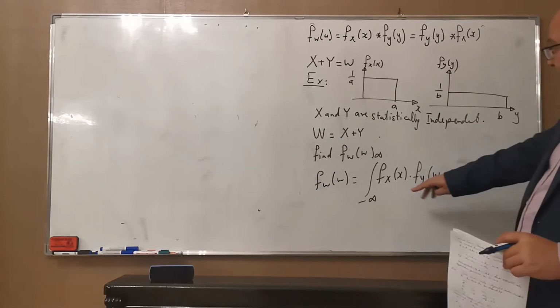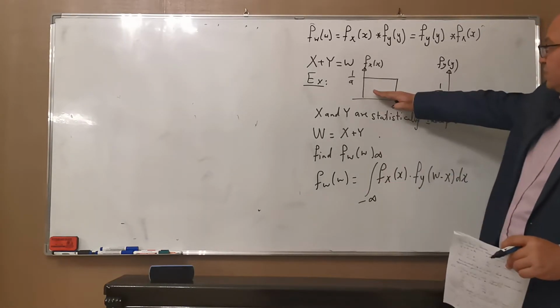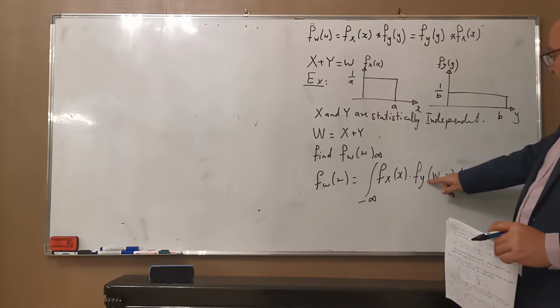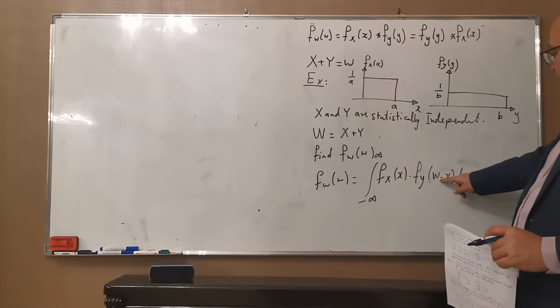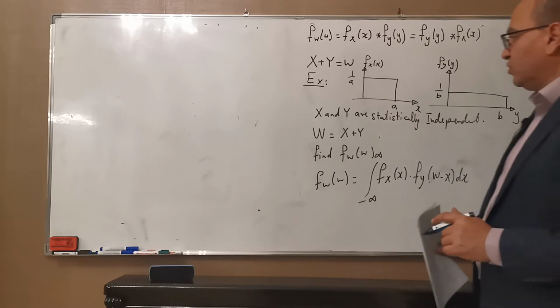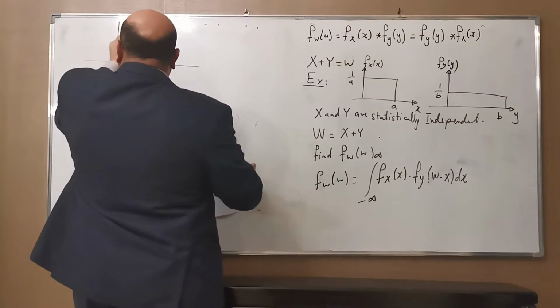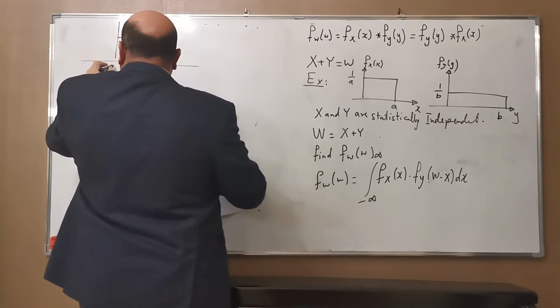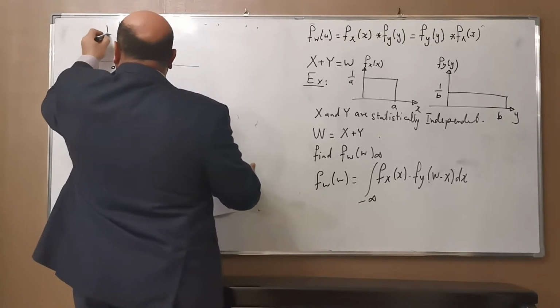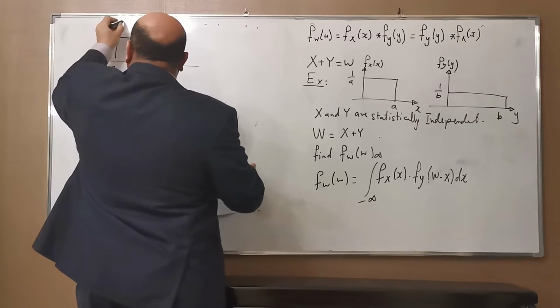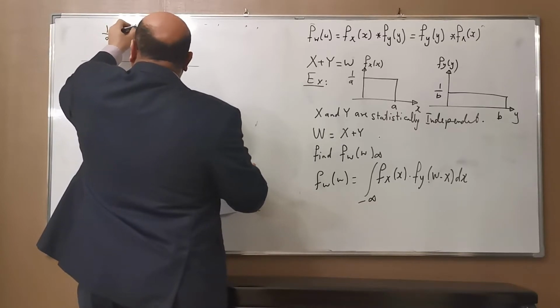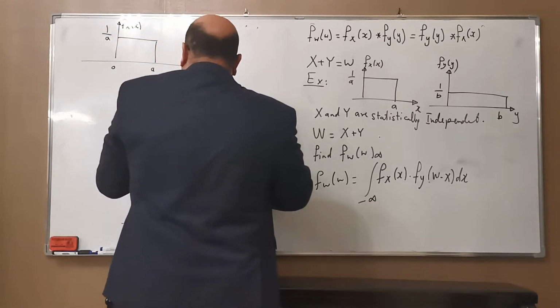Which means that we're going to keep fx of x constant as it is. Fy, we will rename, fold and shift. So first of all, I'm going to keep fx of x as it is. This is from 0 to a, 1 over a. This is the density function of x.